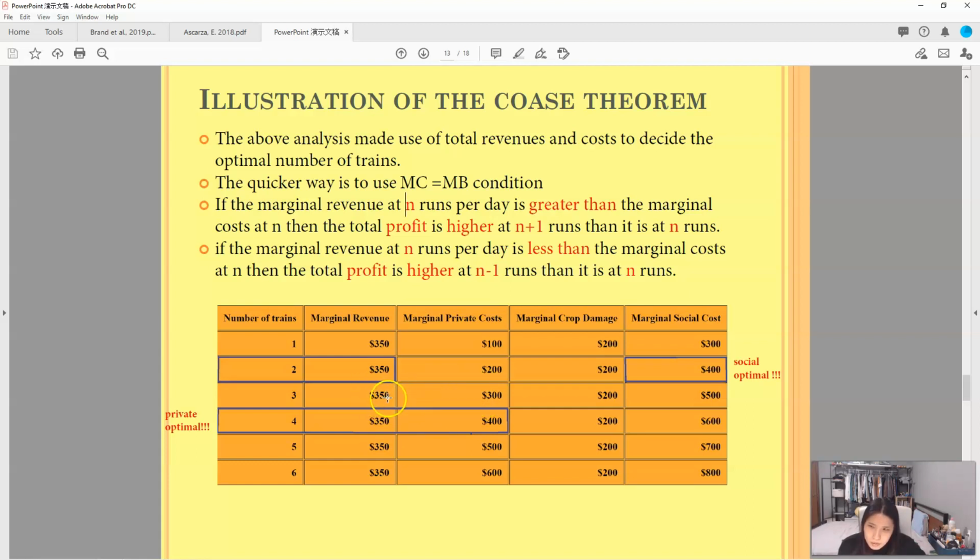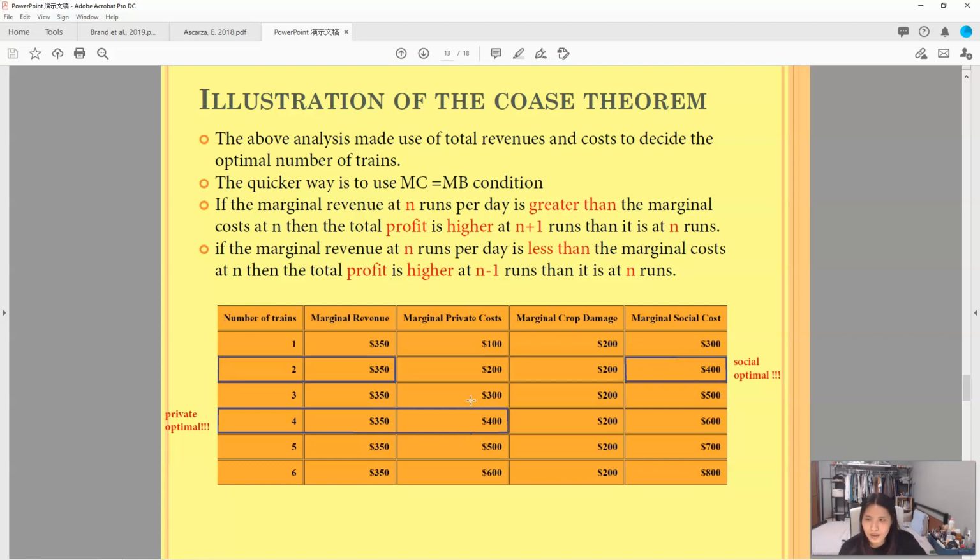So what do those two numbers mean? The marginal revenue means the extra amount I can get for running one more train, and the marginal cost means the extra amount I have to pay for one more train I run.